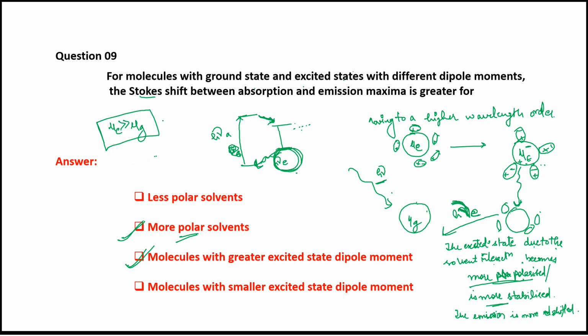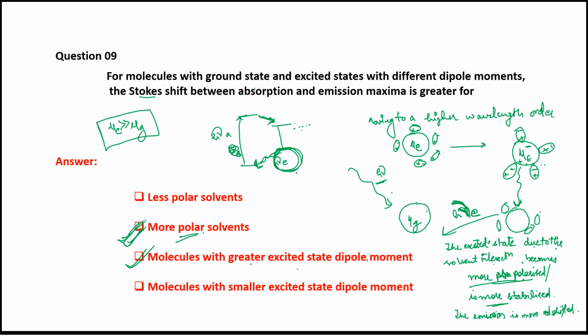Because of this stabilization of the excited state, the emission occurs at a higher wavelength, and this is also dependent on the dipole moment of the excited state. The greater the dipole moment, the more the Stokes shift will be, and it is also a function of the polarity of solvents. For the more polar solvents, the stabilization will be more.